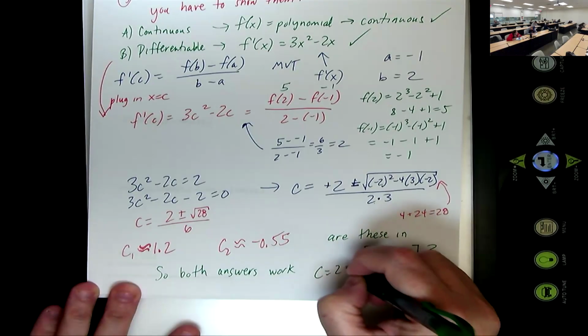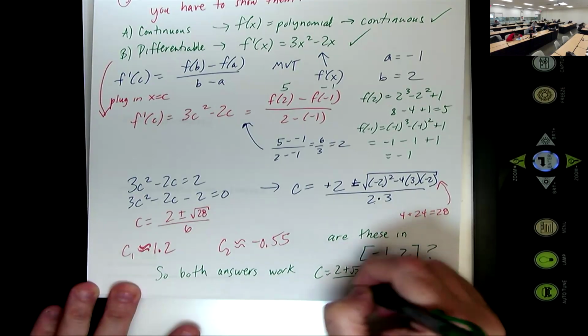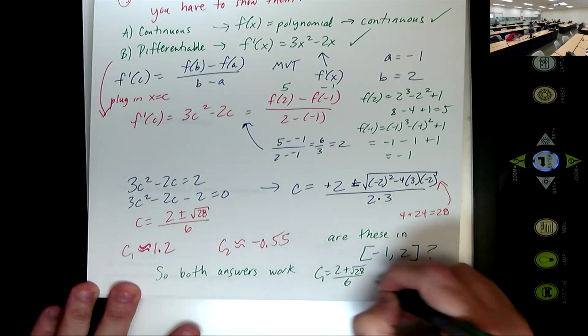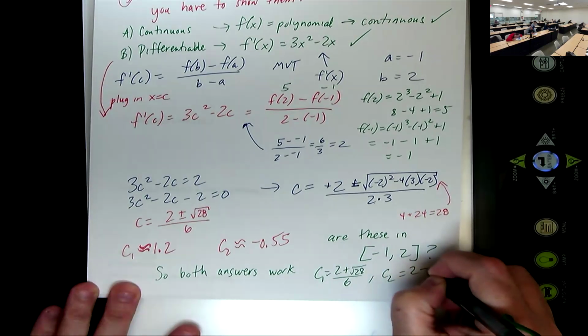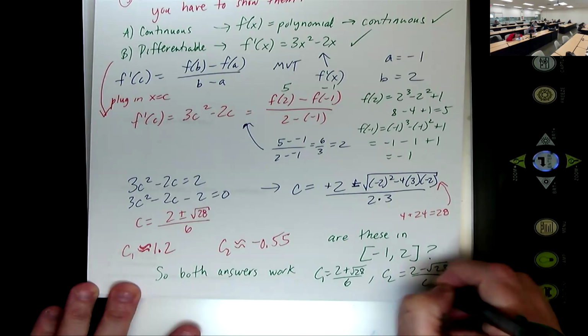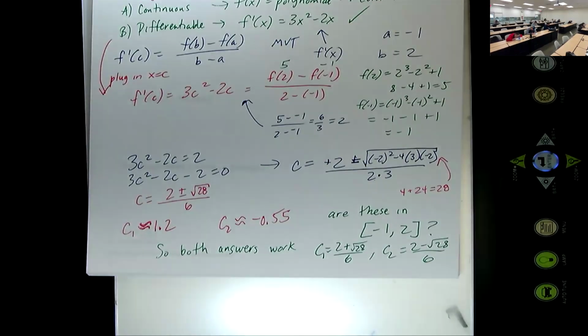C equals 2 plus square root of 28 over 6. That's C1. And C2 is 2 minus square root of 28 over 6. For the exact answers. What didn't work, we just exclude it.